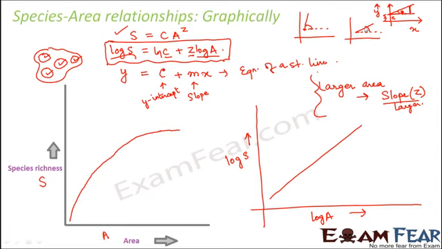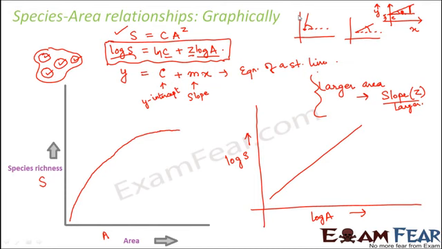Now, why does the slope steepness change with the size of the area? That's because when you are considering a very, very large area, the species richness is more. That is, more variety of species exist there. So in that case, even as the value of your X changes a little bit, the change in your Y is quite more. That is, the species richness is more when compared to the change in area. Therefore, your slope is steeper.